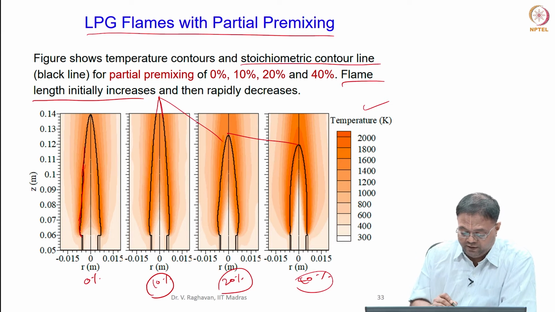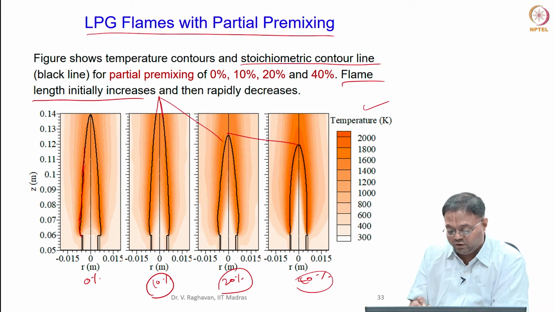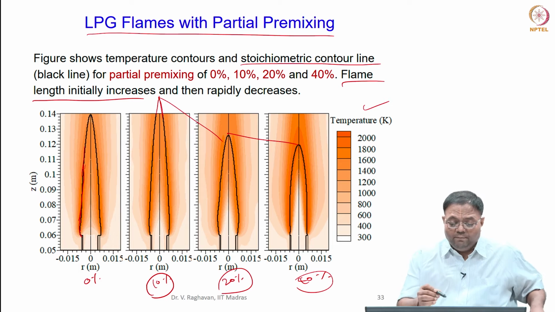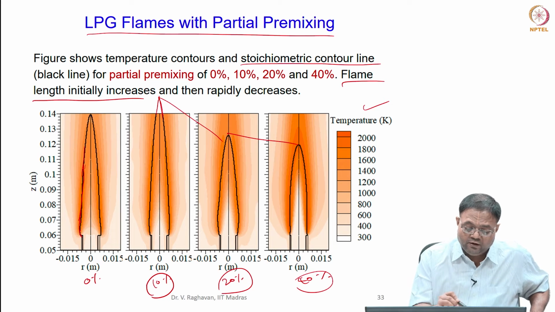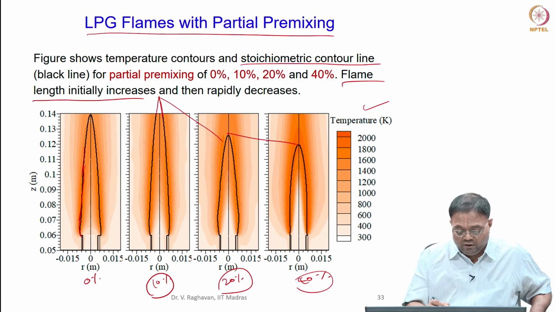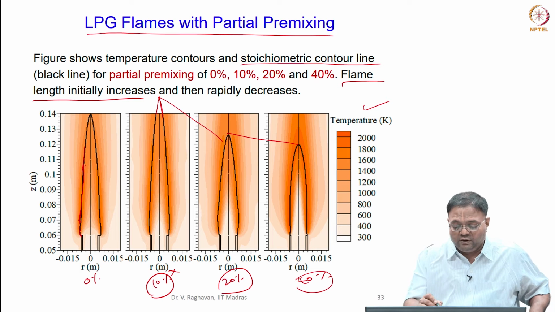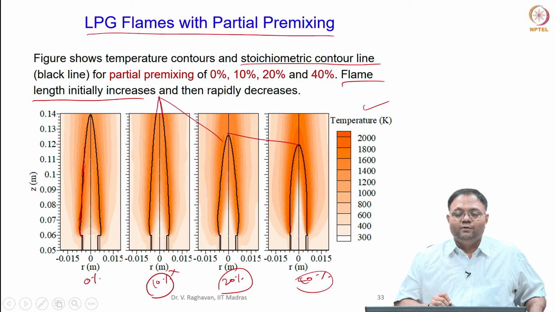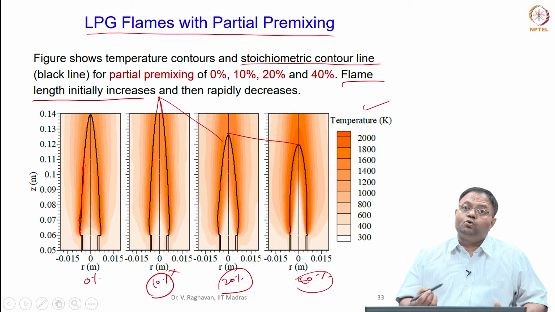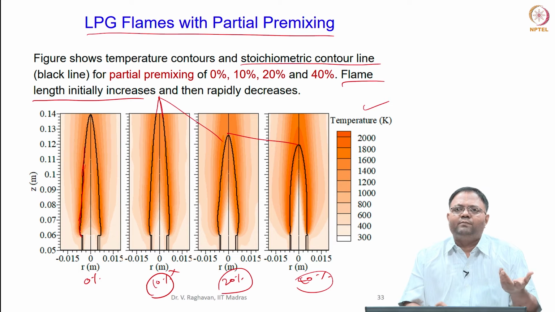You can see that the flame radius is not much affected in all the cases, almost the same, but the flame height initially slightly increases. So, this is not the correct premixing to do. At 20%, you get a good reduction, and at 40% it is reduced again. But let us see soot. The primary aeration, even though it slightly increases the flame length, is not a big problem for us.